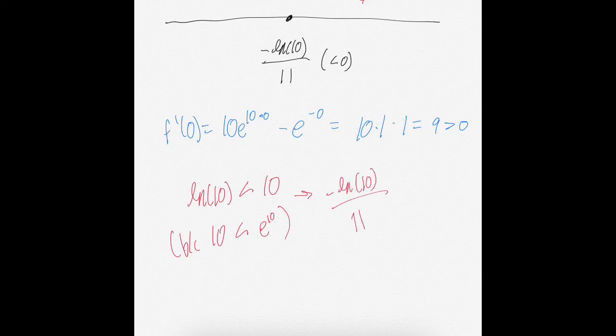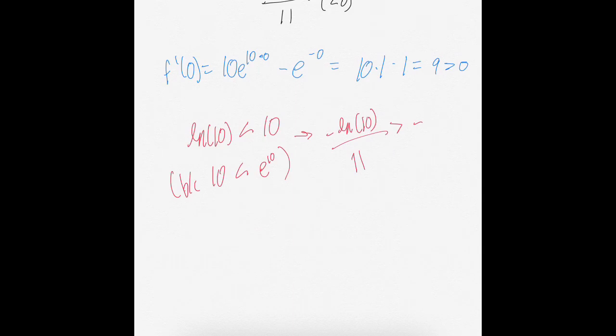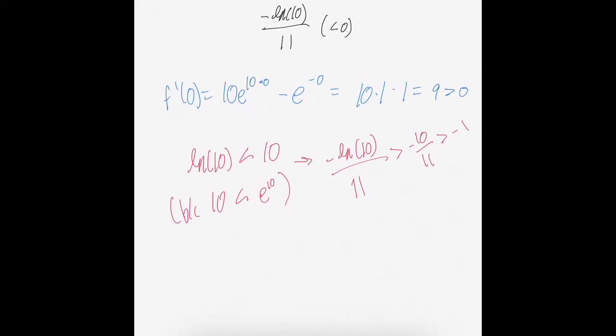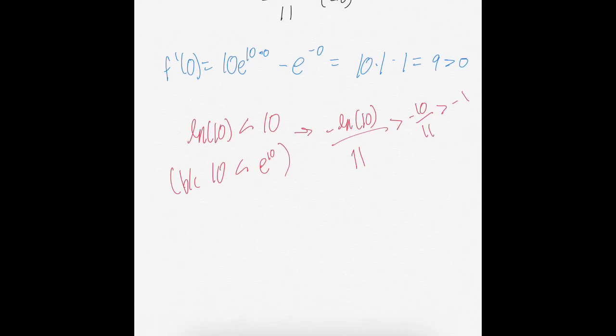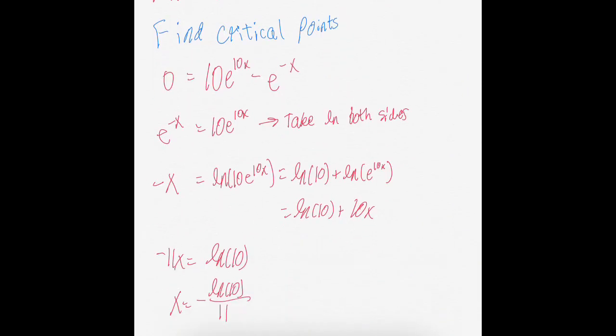Right, so if you start with 10 less than e to the 10th, and then you take the natural log of both sides, that shows you what you want. So this means that minus ln 10 over 11 is bigger than negative 10 over 11, which is bigger than negative 1.